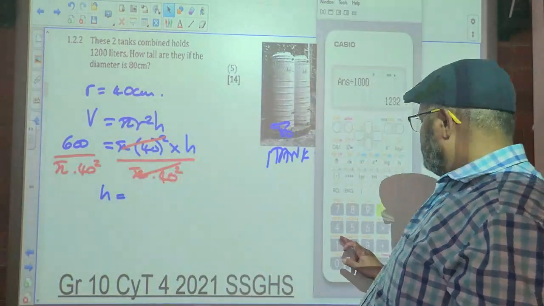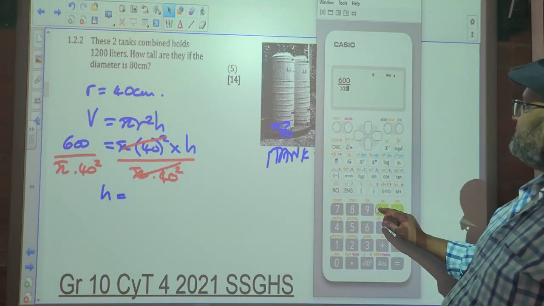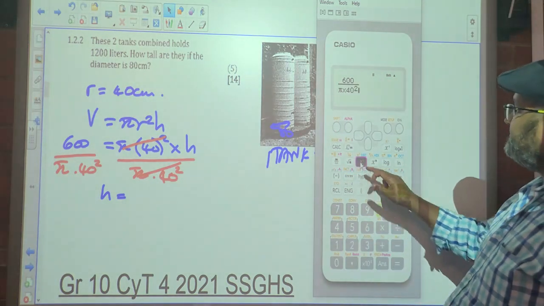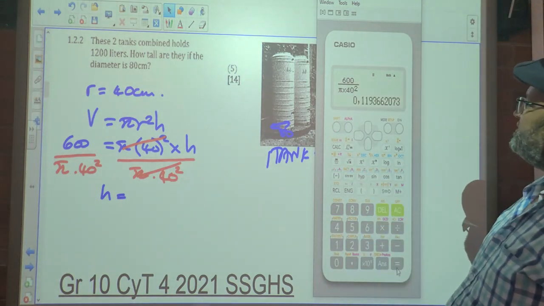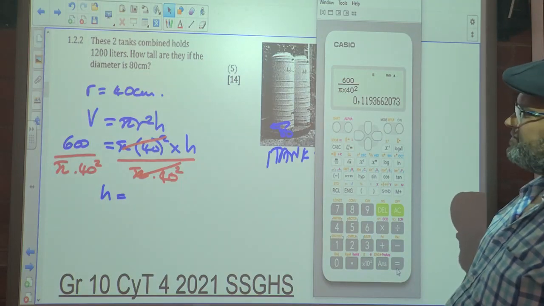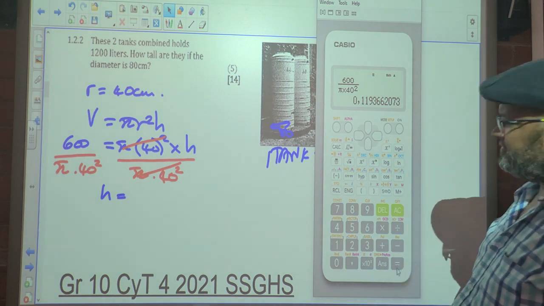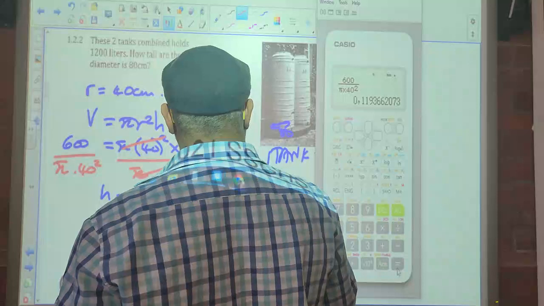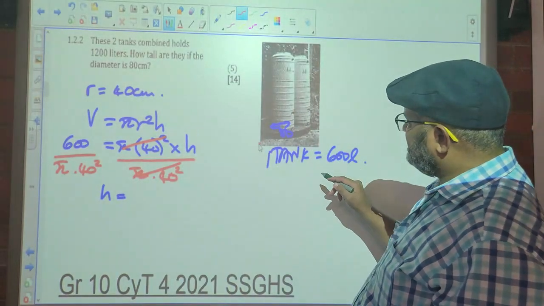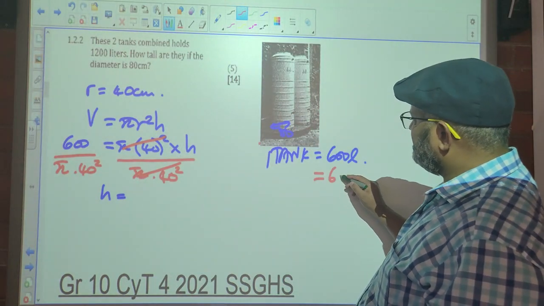It gives me a height of, in a calculator, 600 over pi times 40 squared. Gives you? Sorry? Yes, absolutely. That's where I'm going wrong, no? That's liters, and how many centimeters cube are there in a liter? 600,000.